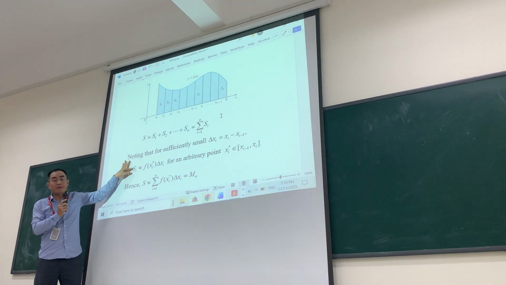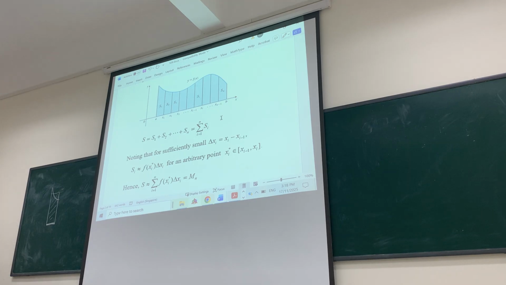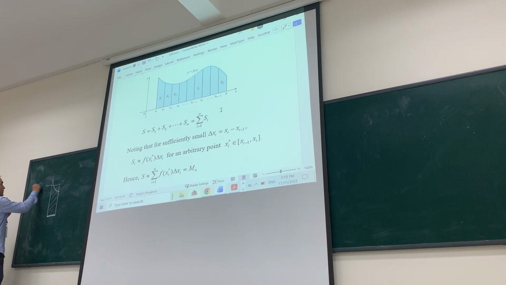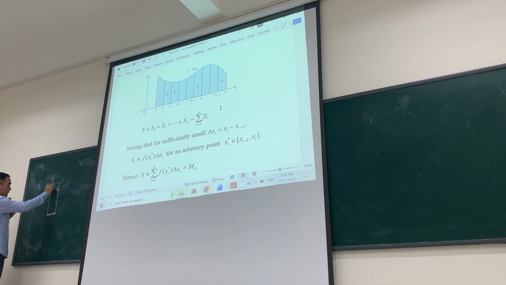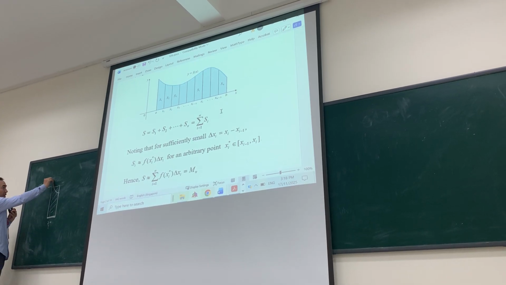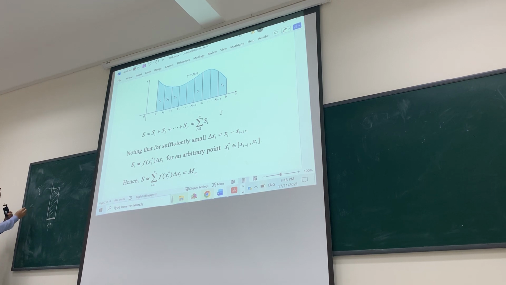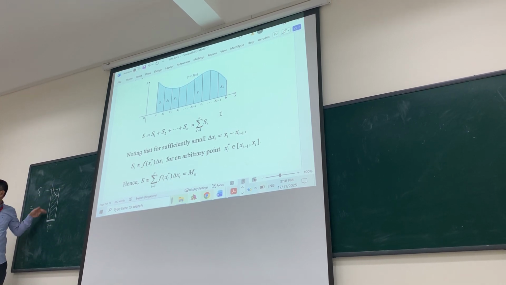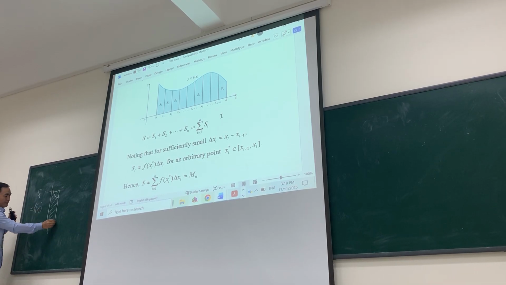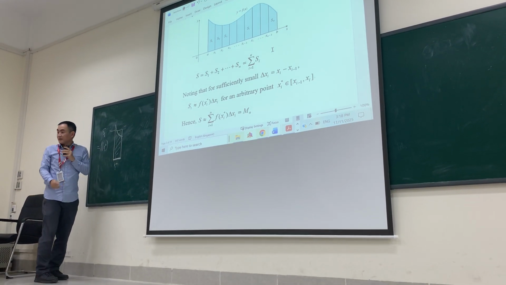We can approximate the area Ai by the area of a rectangle, whose height is f(xi star) and whose width is delta xi.